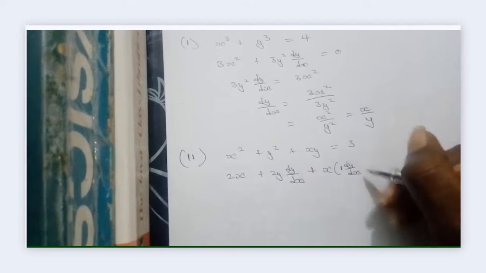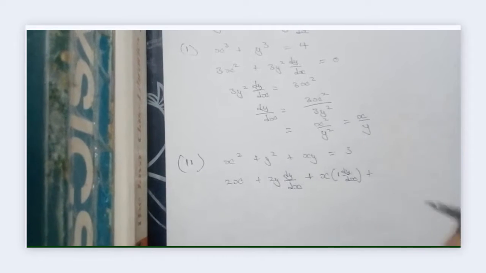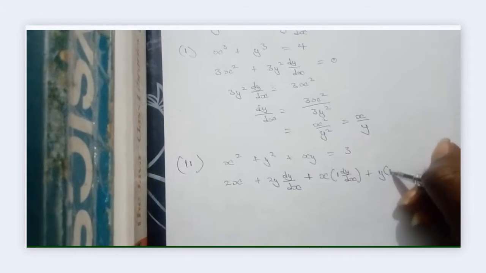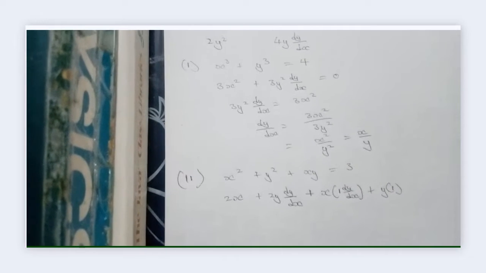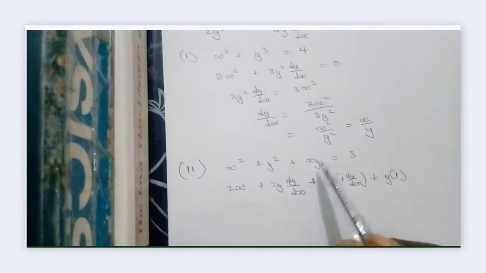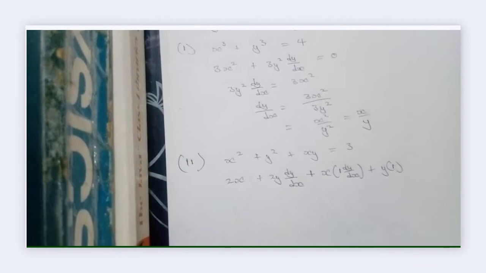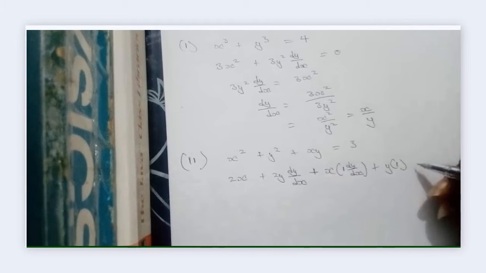Close the bracket. Plus, write y again, then differentiate x, which gives you 1. Do you get the logic? Write the first one, differentiate the second one, then write the second one, differentiate the first one. It's as easy as that.